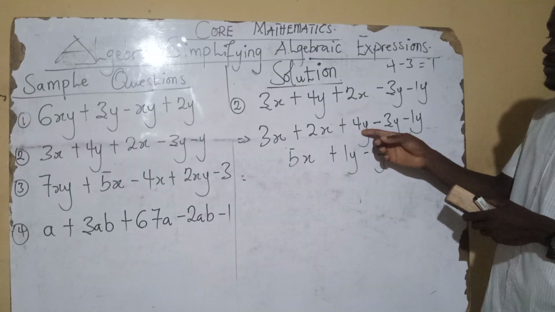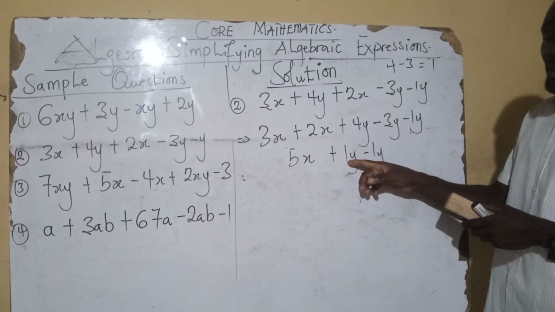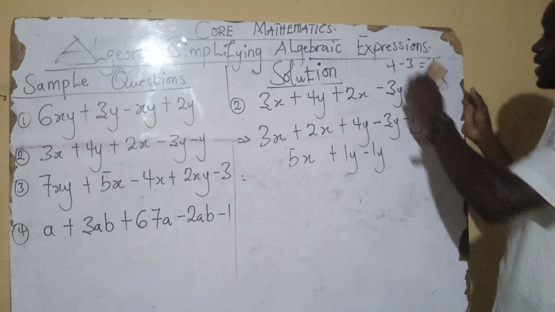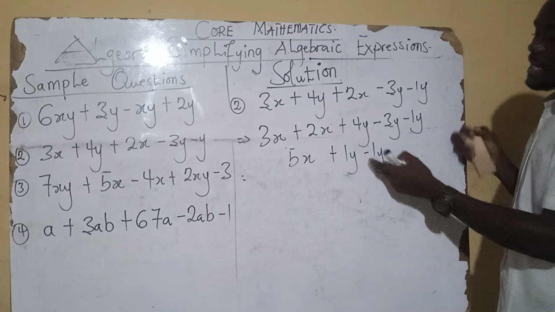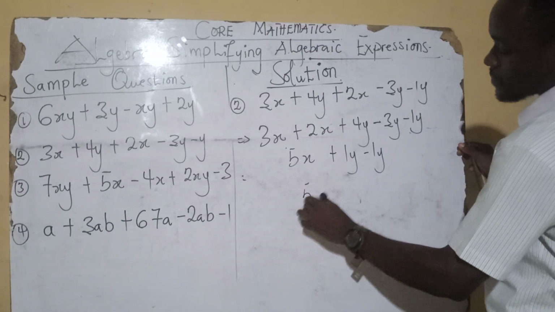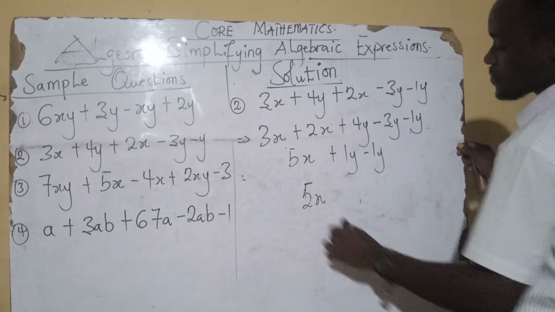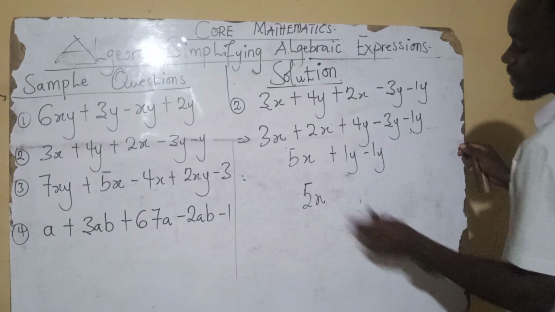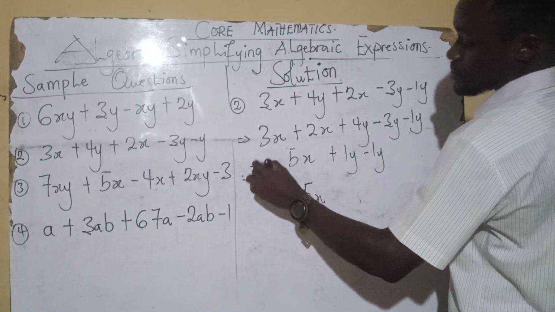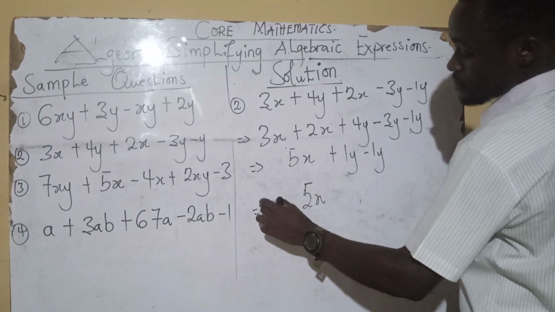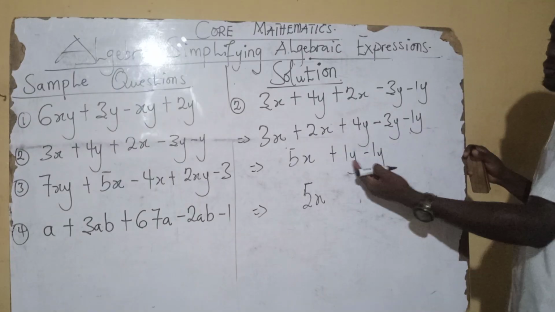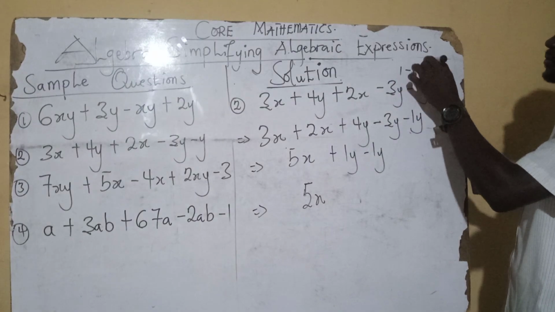So 4 minus 3, we are getting 1. Then this one came downwards here. So now we are having 5x. 1 minus 1, we are going to get 0.